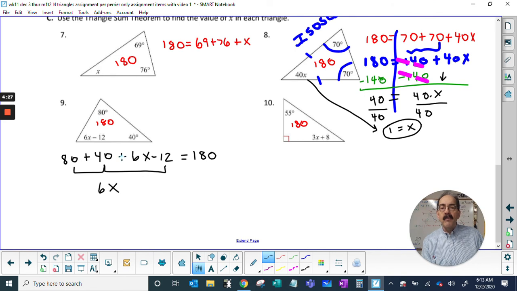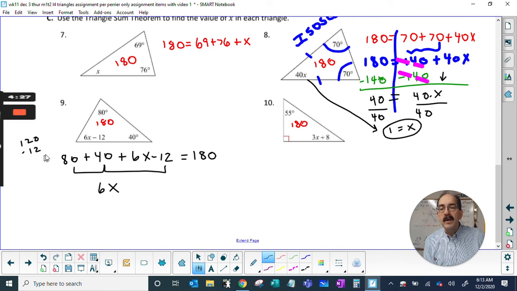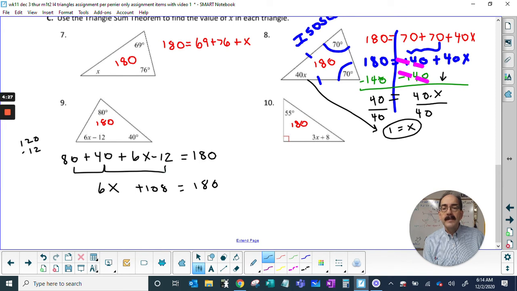And we have 120 minus 12. 120 minus 12 is 108. Equals 180 plus 108. Okay, right there. We have a positive 108.